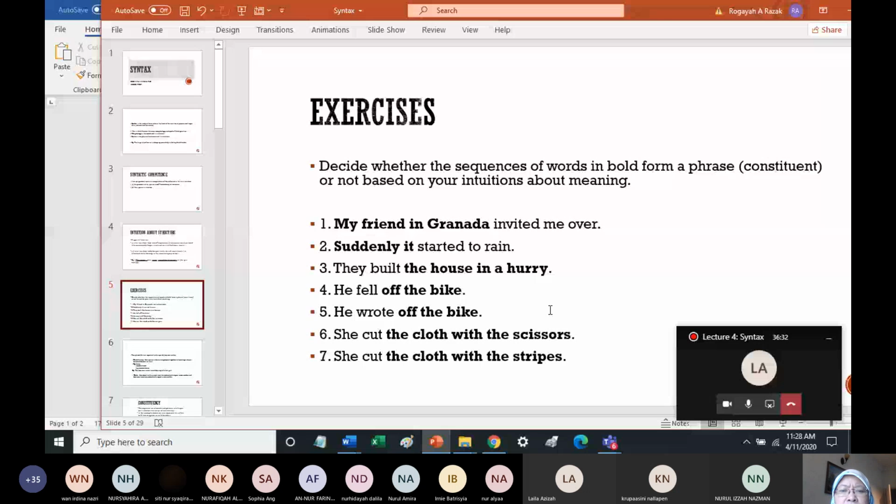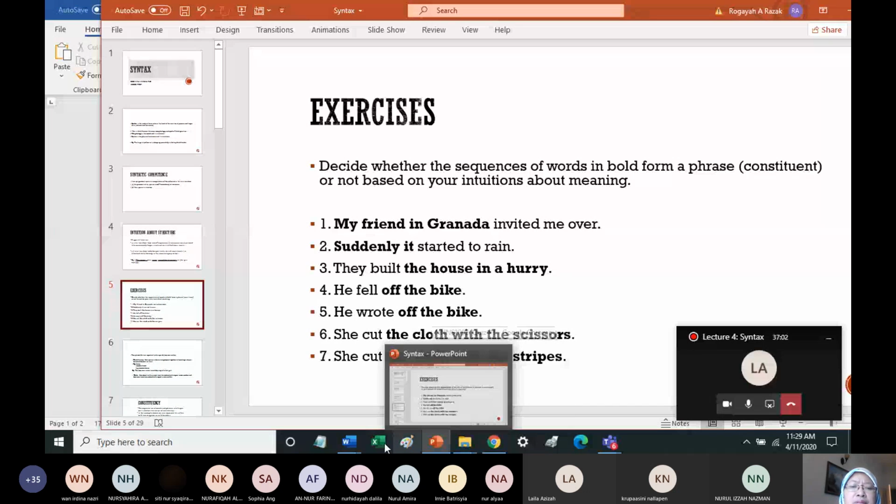Number 3, Muhammad Izri. They built the house in a hurry, and I claim that the house in a hurry is a constituent. What do you think? Muhammad Izri? Not here, all right.